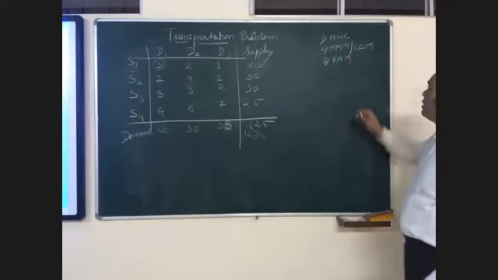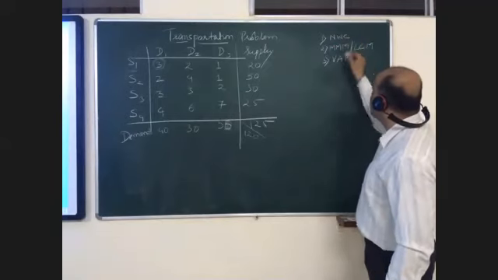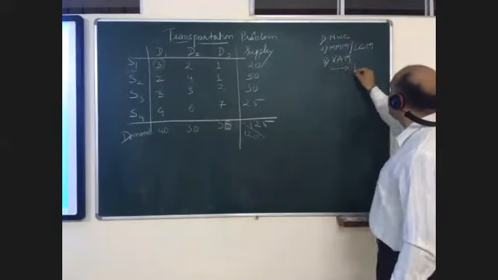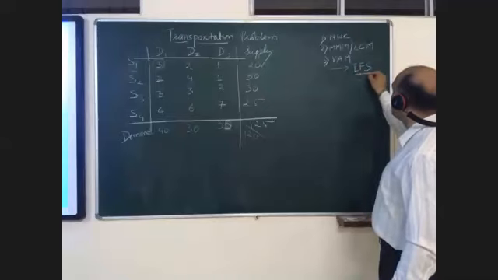We'll see all three one by one, but all three give us an initial feasible solution. Initial feasible solution means we get a certain set of figures which is not the final or optimal solution. So to get the optimal solution, we have to use the Modi method. And what is this Modi method? MO stands for modified, DI stands for distribution. So we have to use the modified distribution method to get it.